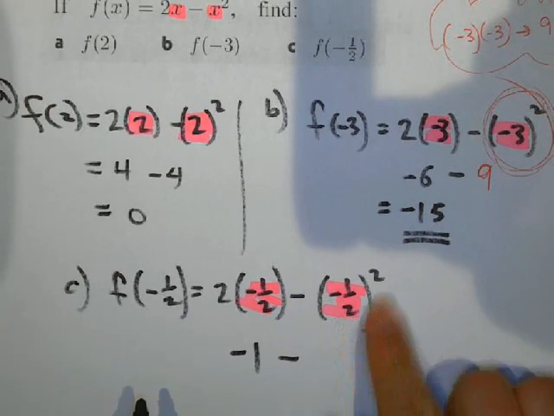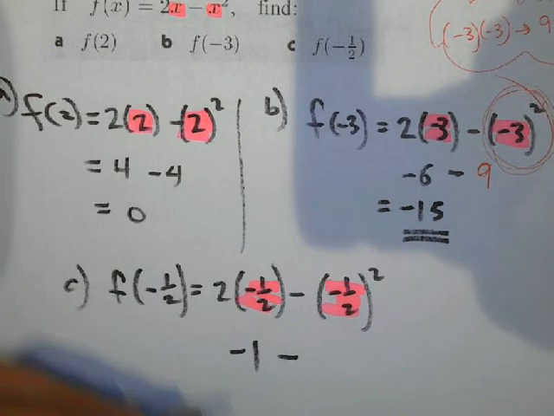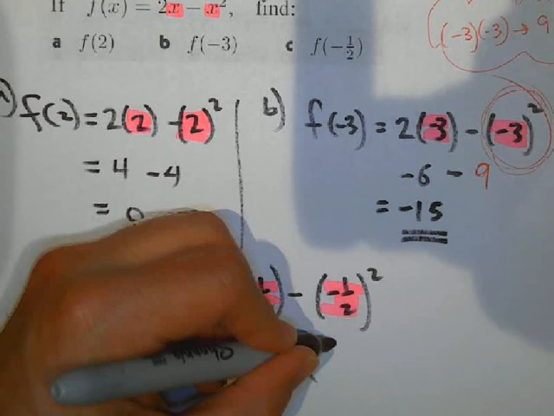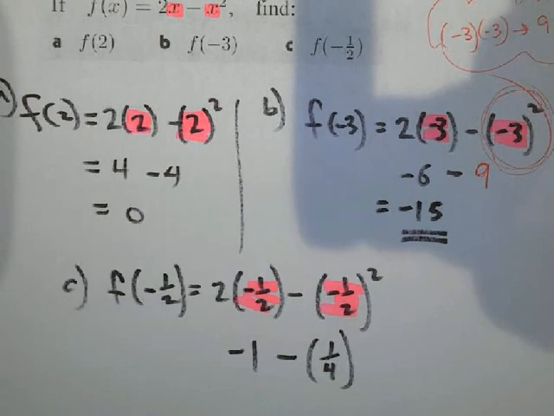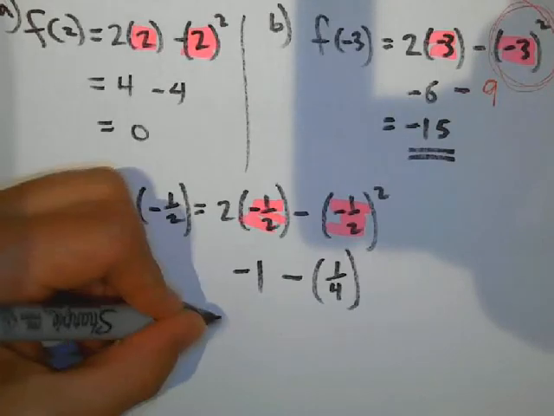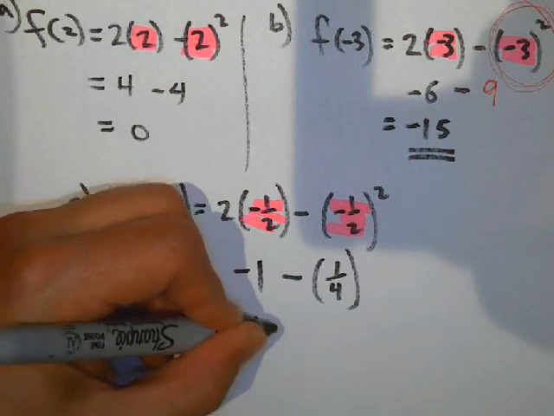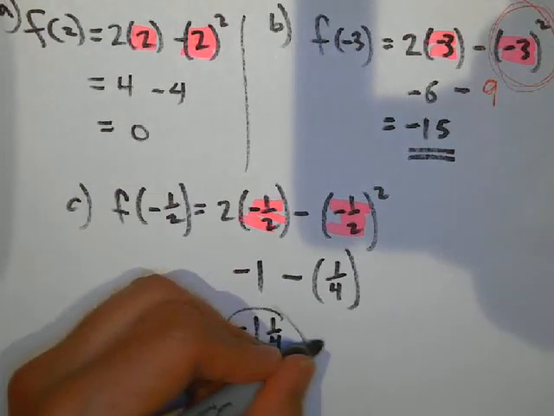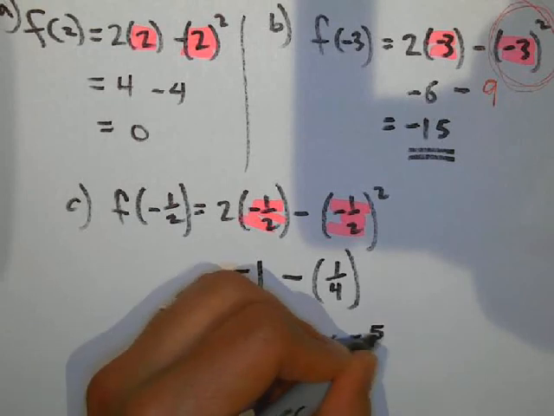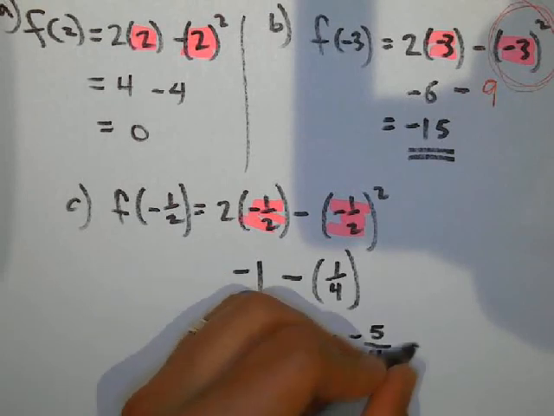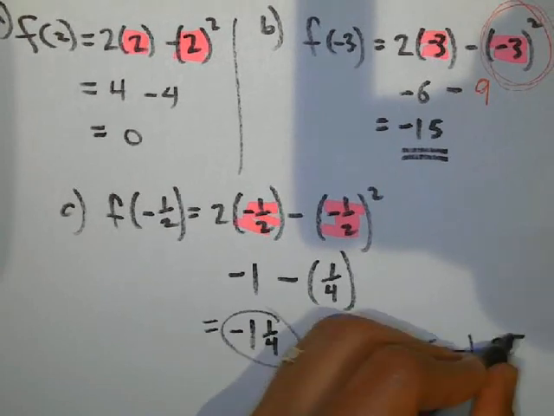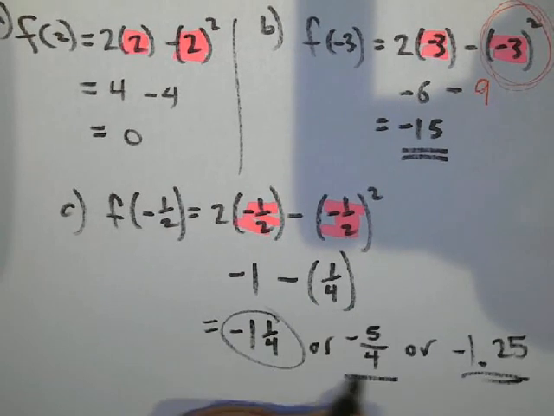And negative 1/2 times negative 1/2 is positive 1/4. And now this is equal to negative 1 and a fourth. Okay. Or you could say negative 5/4. Or you could say negative 1.25. I don't care what answer you write. Any of those will do.